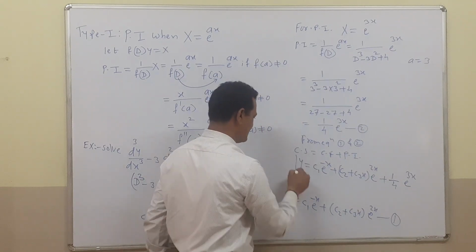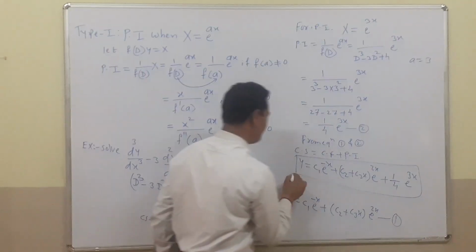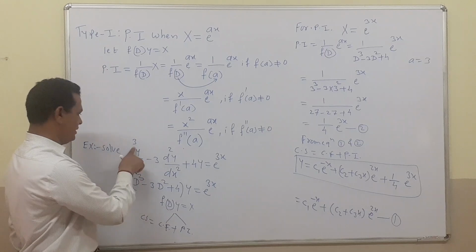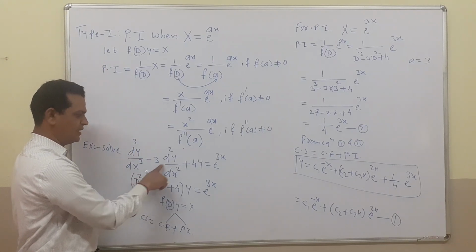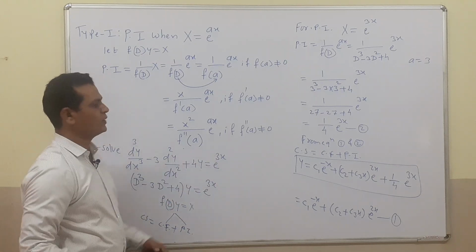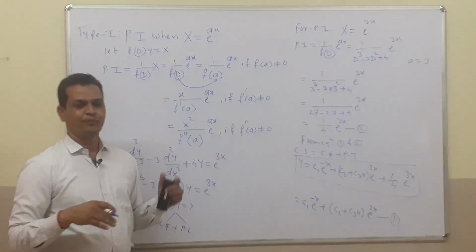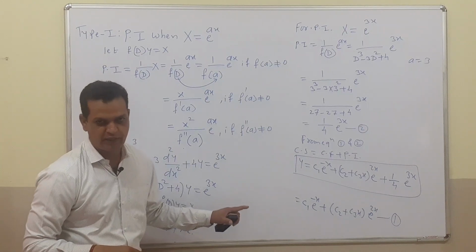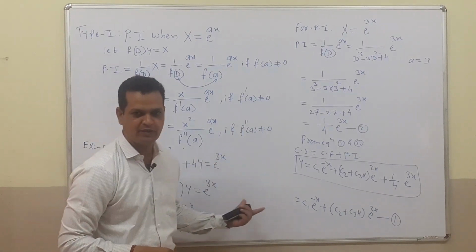So this is the complete solution of the equation third derivative of y with respect to x minus 3 times second derivative of y with respect to x plus 4y is equal to e raised to 3x. In this way we get the complementary function as well as the particular integral, which is called the complete solution of the equation.